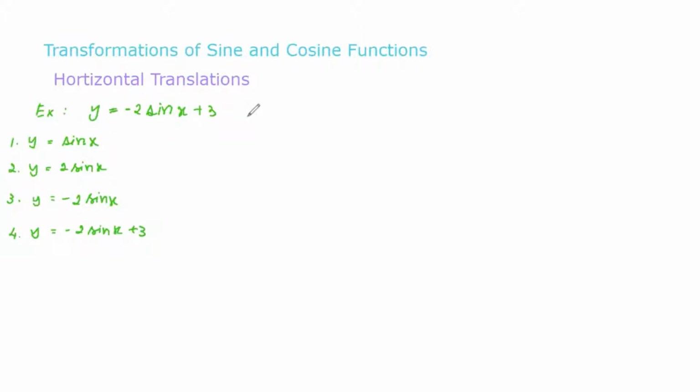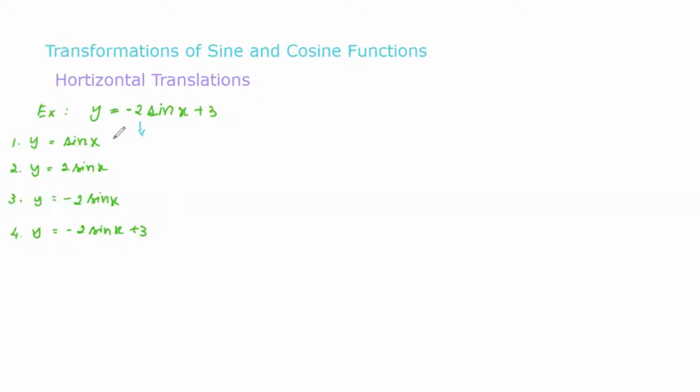Let me review a little bit about what we learned in previous periods, about vertical translation. See, for example, I give you this function: y equal to negative 2 sine x plus 3. You can observe the number 2 here, right? This is a transformation step.